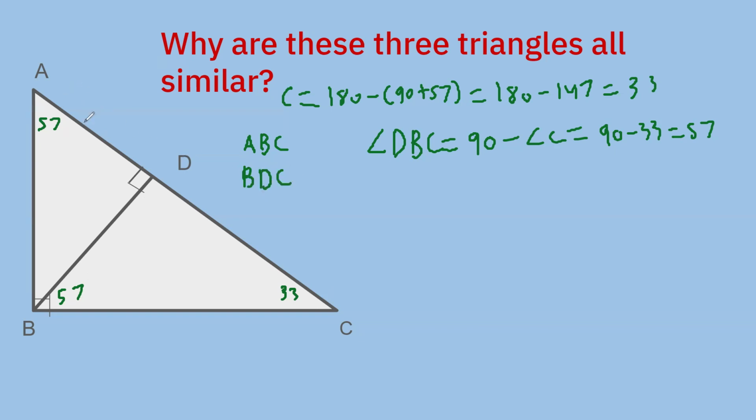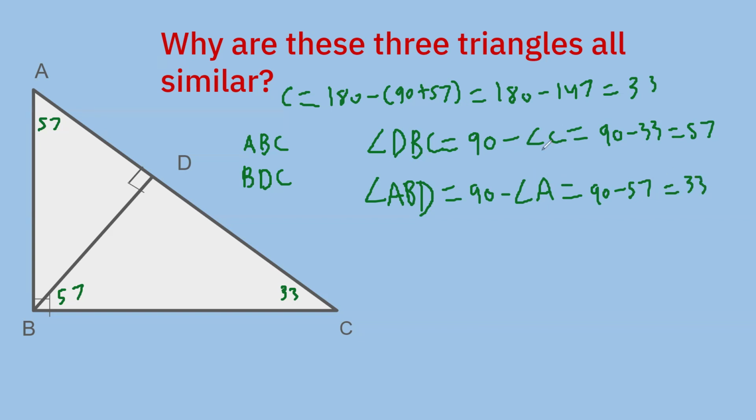And then we have ADB, right? So there's a couple ways we could find this angle, right? We could do 90 minus 57 because it's a right triangle, or we could do 90 minus 57 because of the triangle it's in here in the little one, right? So angle ABD, just ABD, right, is 90 minus, I'll do the angle A method, equals 90 minus 57, and that gets us 33, right?